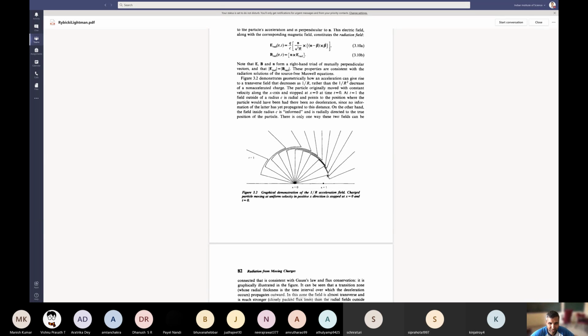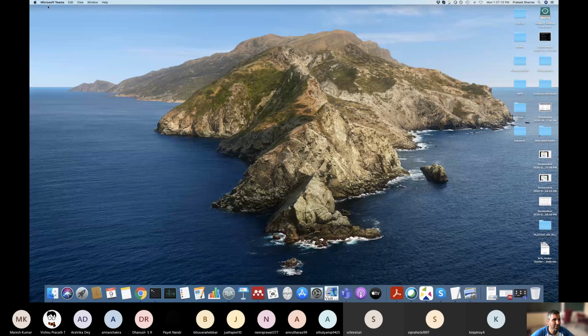This distance is c times delta t, where delta t is the time between this point and this point. So the electric field outside and inside goes like 1 over r squared. Now we have to conserve flux. So if you apply Gauss's law along this, can I open the two things together?